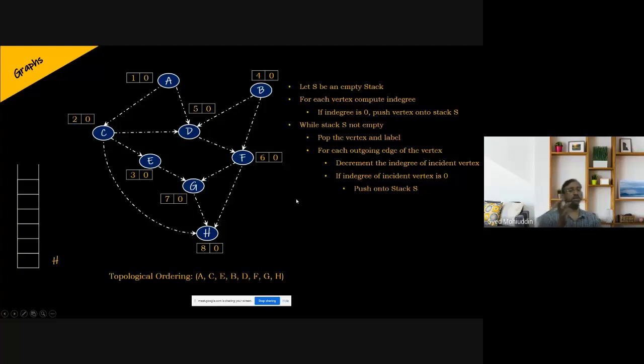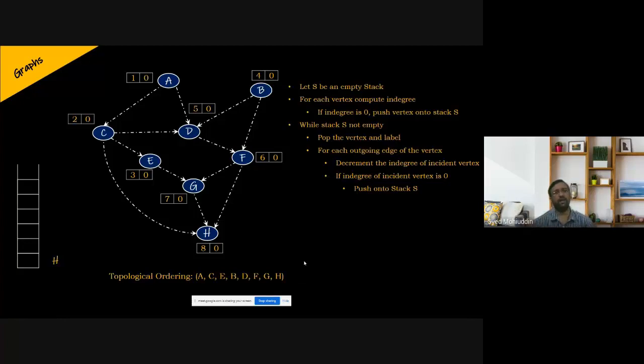Now remember, this is one sequence of topological ordering. If we had inserted A first, or pushed A first and then B, we would have got a different topological ordering. So it doesn't matter.